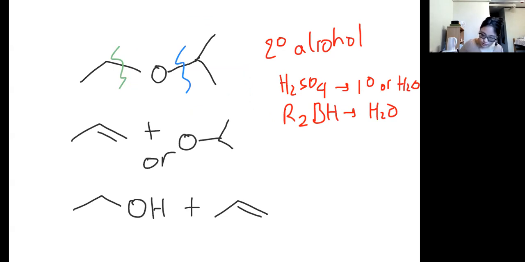So this is if we do the green bond, and then this is if we do the blue bond. Sorry, there's supposed to be an extra carbon here.